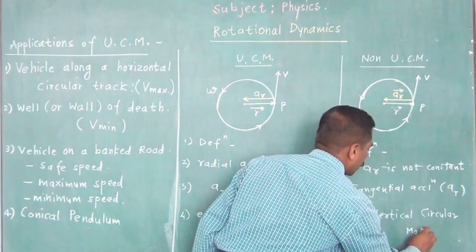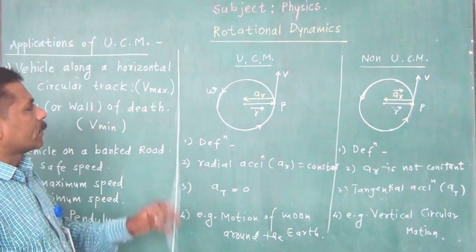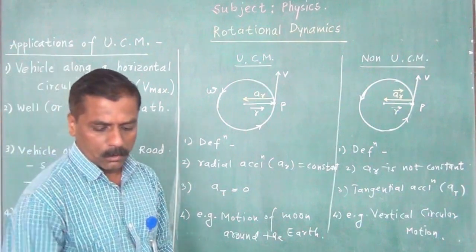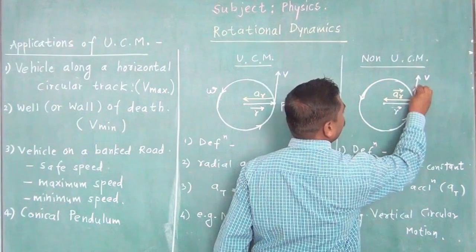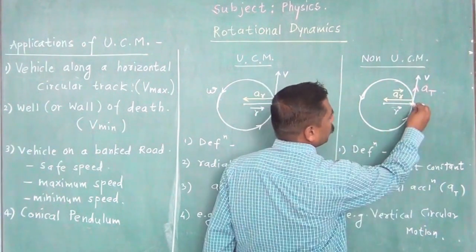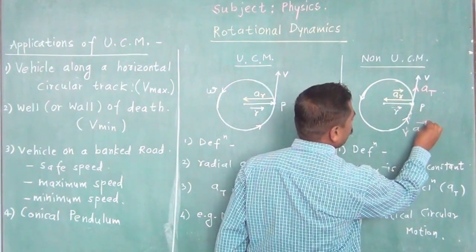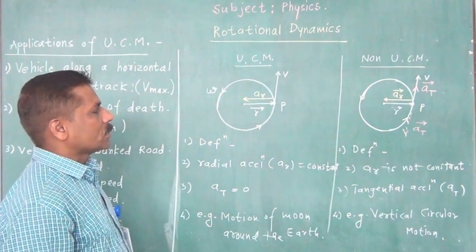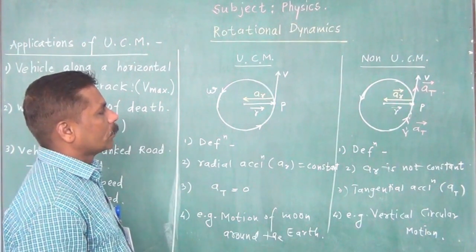So you can remember this is the main difference between UCM and non-UCM. In this diagram, this is the direction of the tangential acceleration, or it may be in this direction. These are the possible directions of the tangential acceleration in non-uniform circular motion.